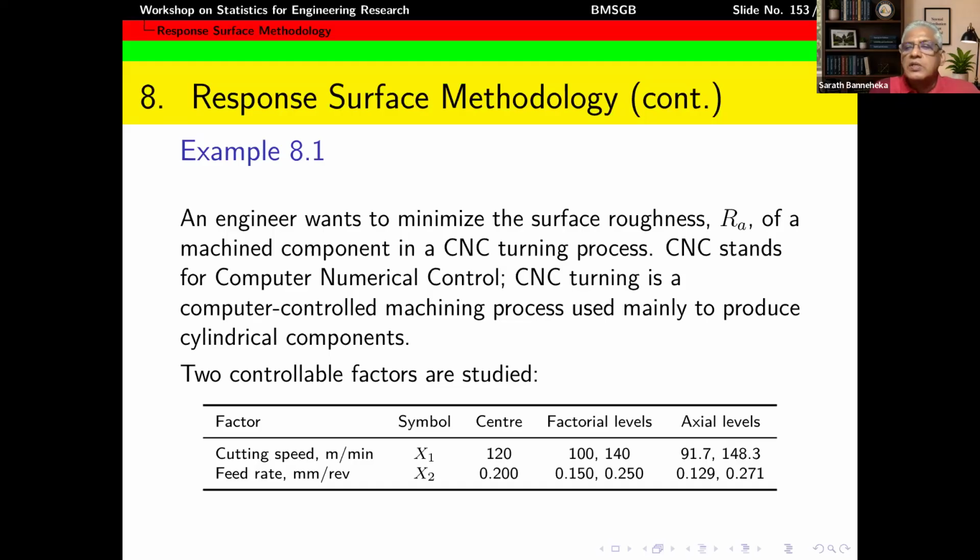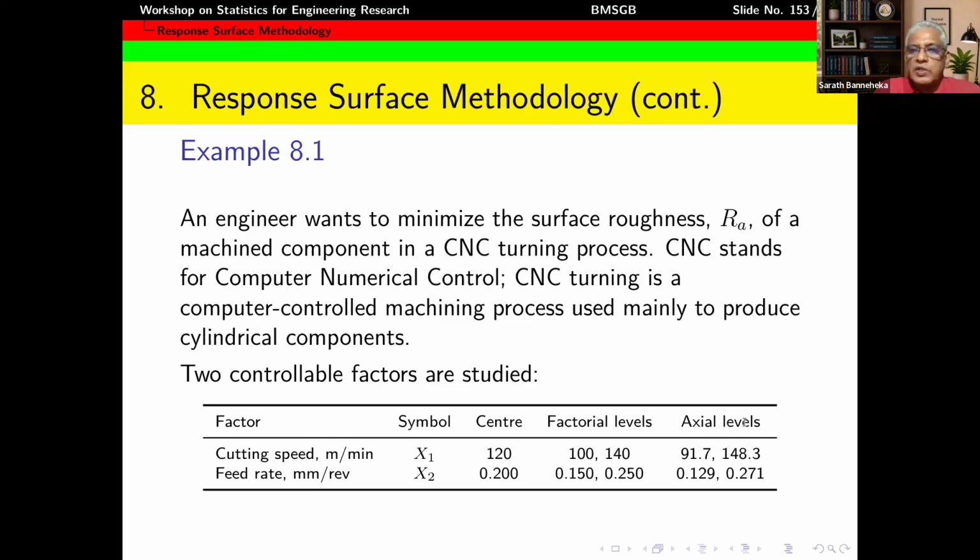In the experiment, cutting speed is set at several levels: 120, 100, 140, 91.7, 108.3, 148.3. The other one, feed, is also set at some fixed levels: 0.2, 0.15, 0.25, and 0.129 and 0.271.